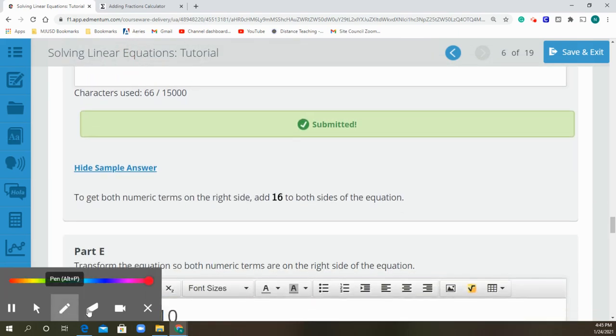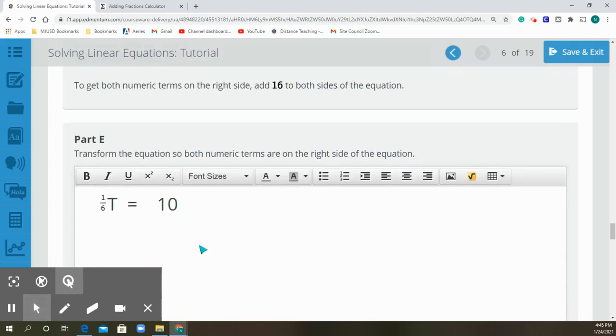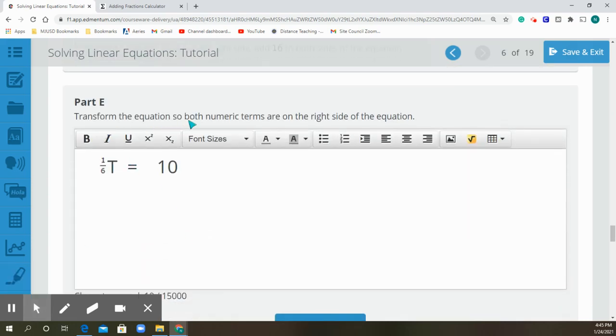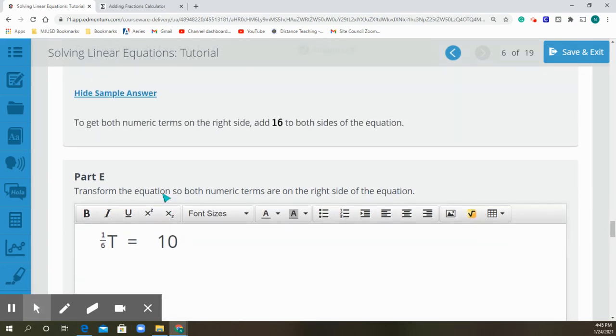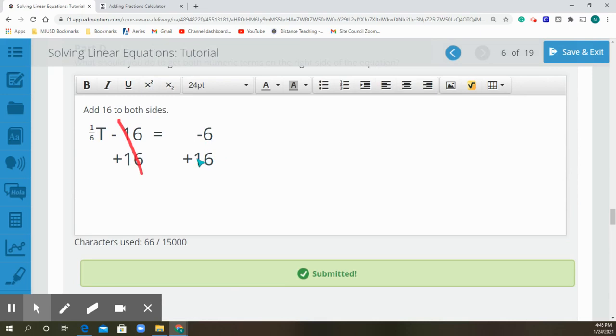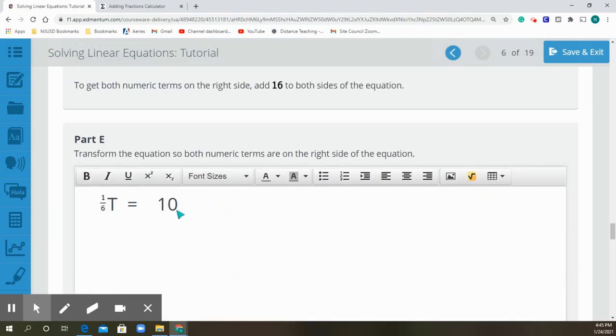The next question says transform the equation so both numeric terms are on the right side of the equation. So negative 6 plus 16 is 10. So now we have 1/6 t equals 10.